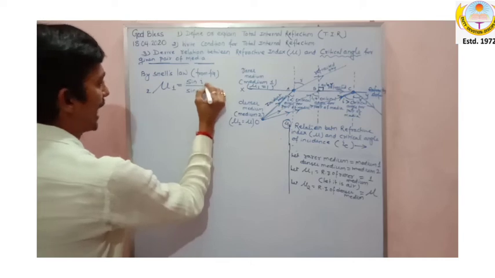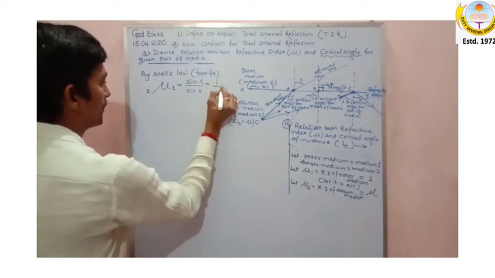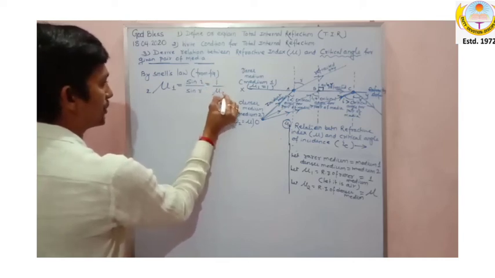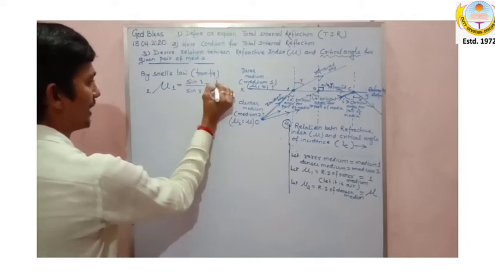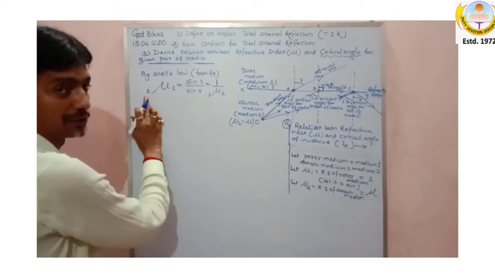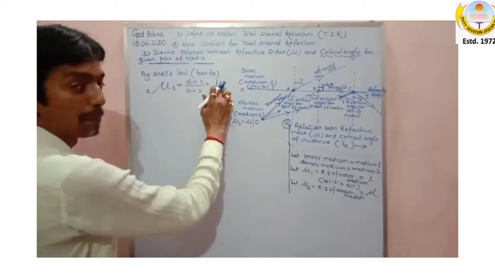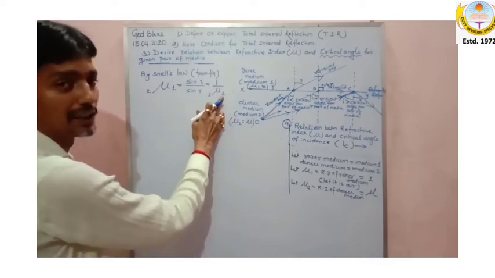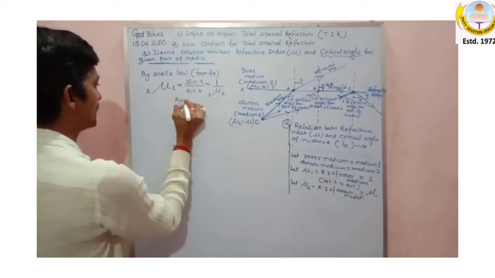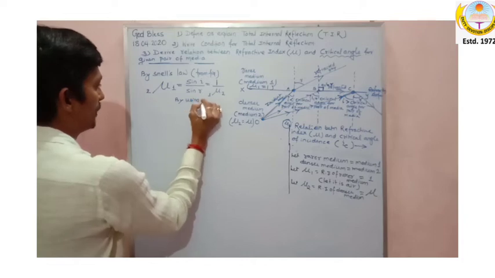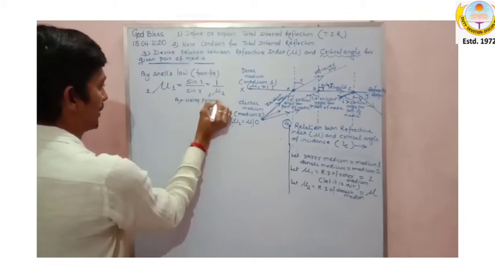And you all know that this is 1 upon mu of medium 2 with respect to 1, because mu of 1 with respect to 2 can be written as 1 upon mu of 2 with respect to 1, by using the principle of reversibility.